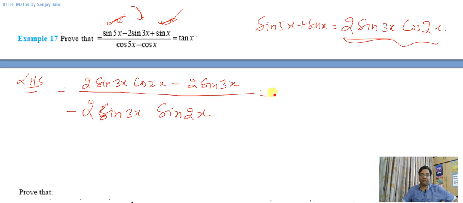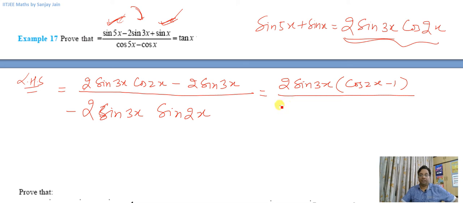Now if you see in the numerator, I can take 2 sine 3x common, and inside I'll have cos 2x minus 1, and in the denominator, if you see, I have 2 sine 3x here into sine 2x. So I can cancel this and this, right?